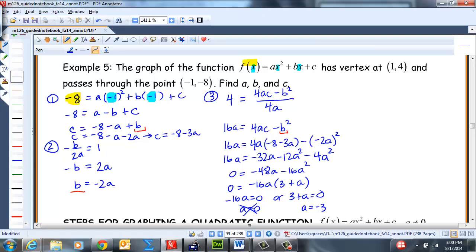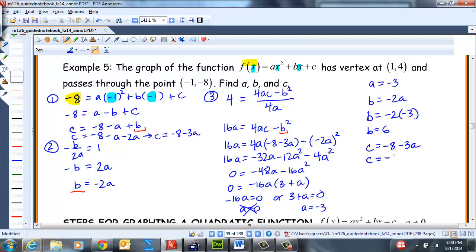Then you just plug stuff back in. So we have a is negative 3. So b is negative 2a. So that'll be b is negative 2 times negative 3. So b is going to be 6. And then c was negative 8 minus 3a.